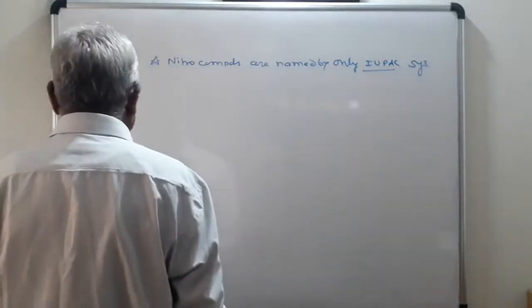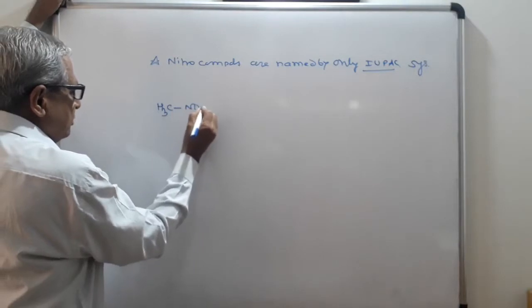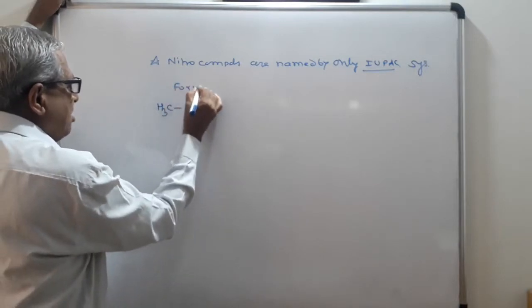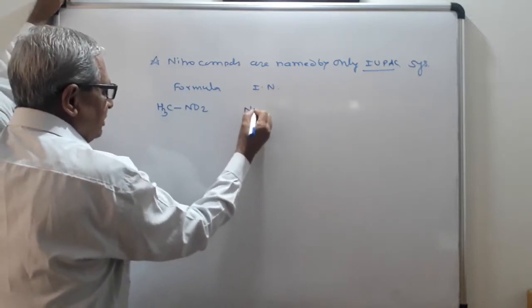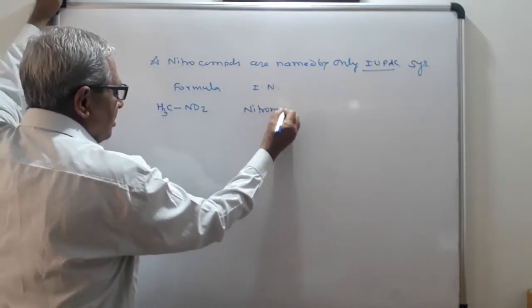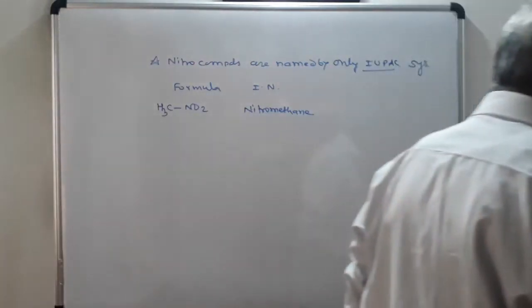Now see the examples here. CH3NO2, this is your formula. Its IUPAC name is nitromethane. Similarly, we can write the structure of nitroethane.